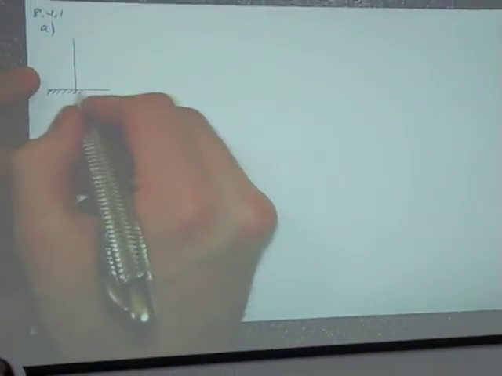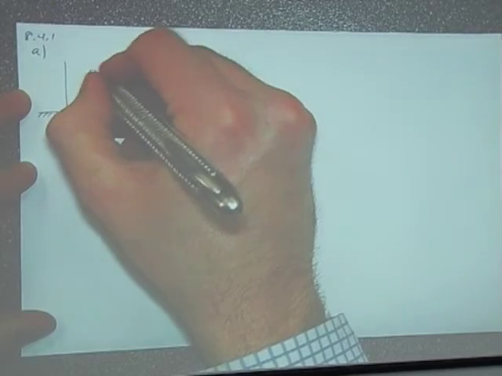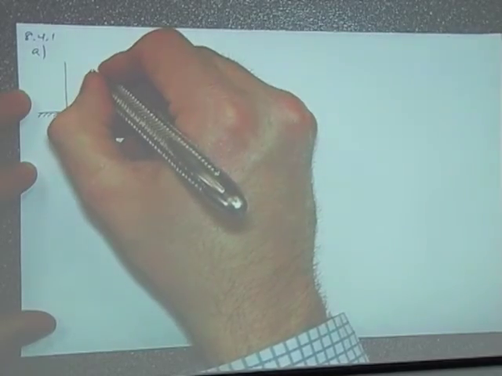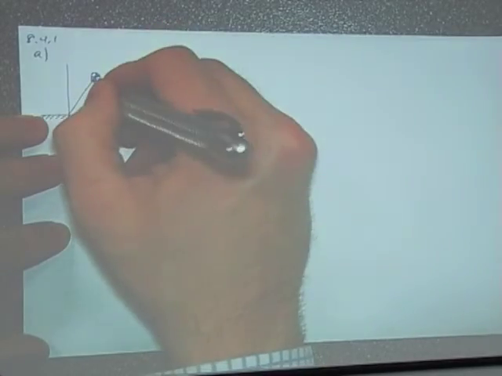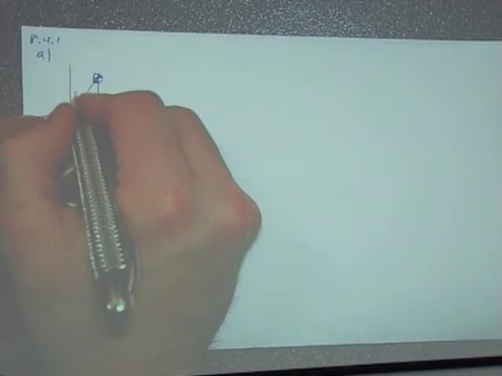What I'm going to do is draw a picture of the motorcycle. So here's the ground, and here's the motorcycle, simply a centre of mass. We're not going to bother with the dynamics of the motorcycle. We've got mg here, and this angle I'm going to call theta.